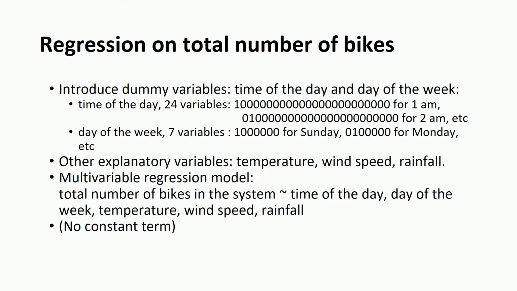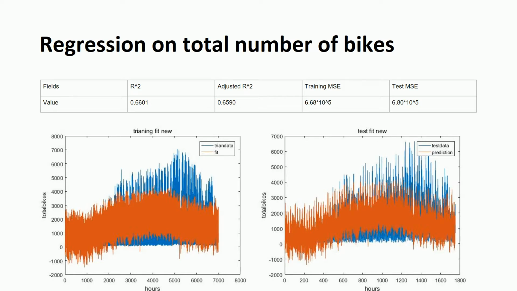Finally, we build multi-variable regression models. Here is the result of regression on the total number of bikes. We can see the R-square and adjusted R-square are around 65%, which means the model explains most of the total number of bikes, and the test MSE is larger because the response variable has a large scale.